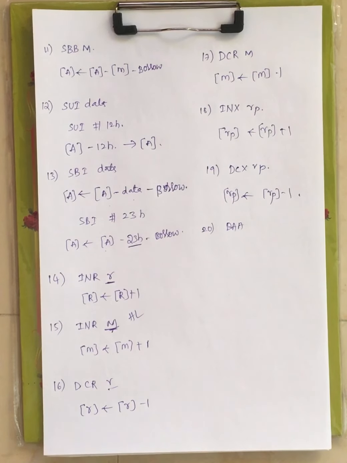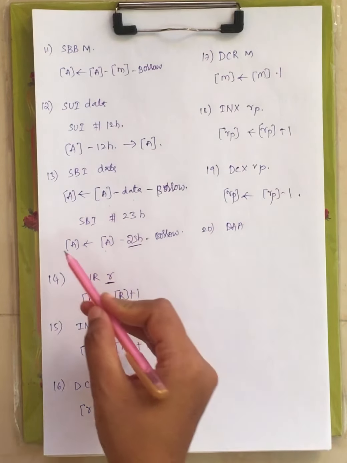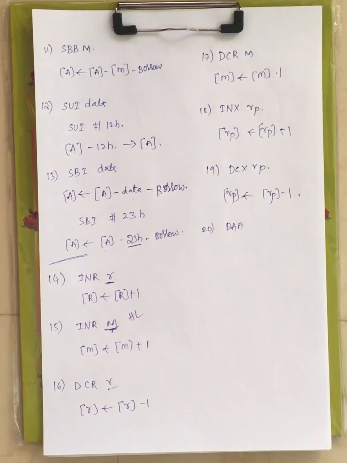While doing an addition or subtraction operation, if the lower order 4 bits are greater than 9, or if the higher order 4 bits are greater than 9, this instruction adds 6 to that particular lower order or higher order bits. I can give an example.